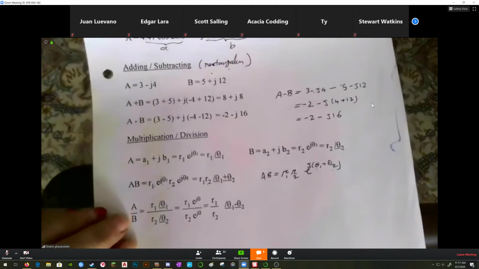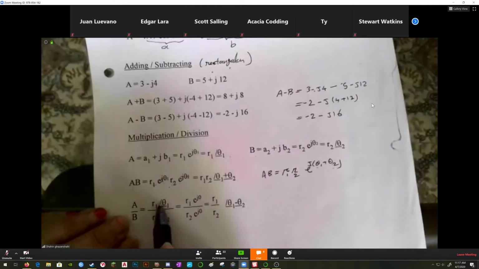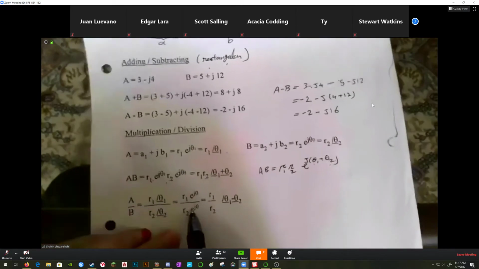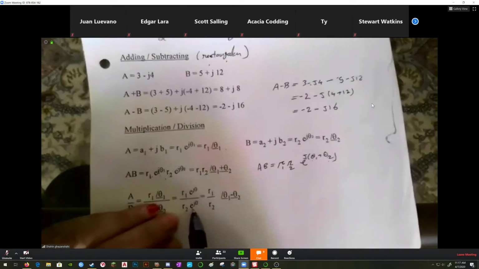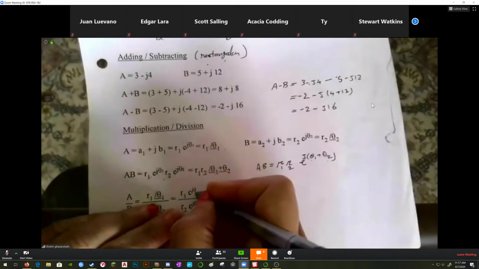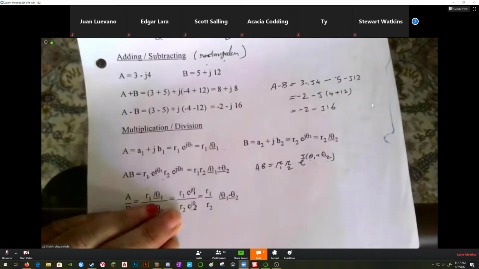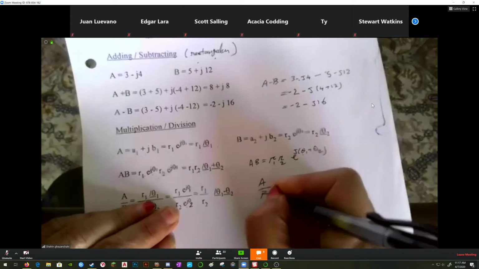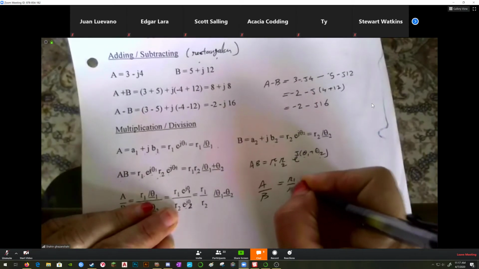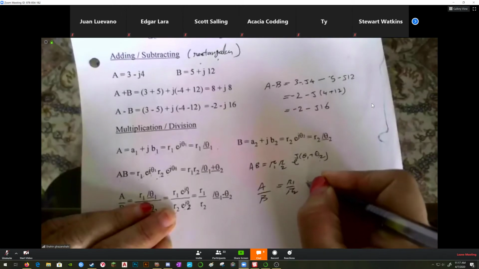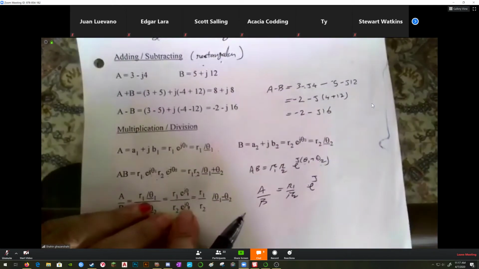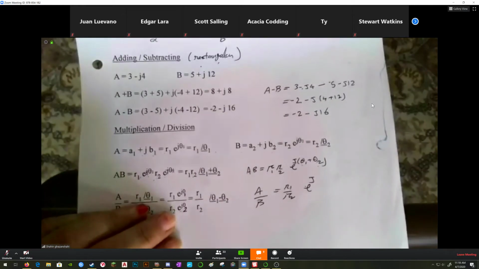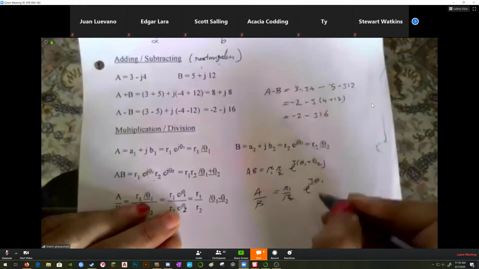Is that clear? Now, when you're dividing A over B, you have R1 exponential of J theta 1, over R2 exponential of J theta 2. So A divided by B is R1 over R2, exponential of J, and you put this one in the numerator, so you have exponential of J theta 1.